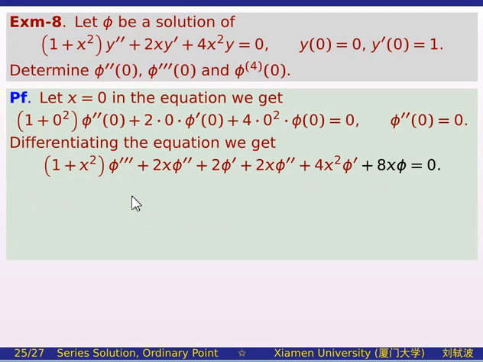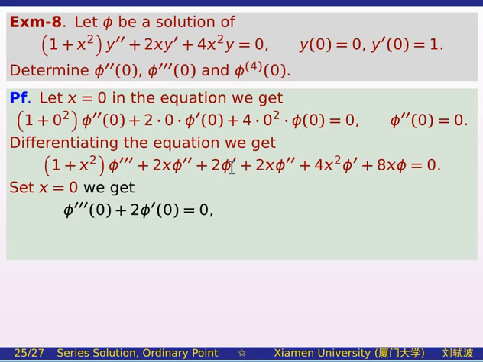Now evaluating this equality at x equal to 0, the first term is phi triple prime 0. Because we are evaluating at x equal to 0, those terms containing a factor x, this term and the last two terms, are all 0. Only this 2 phi prime term remains.